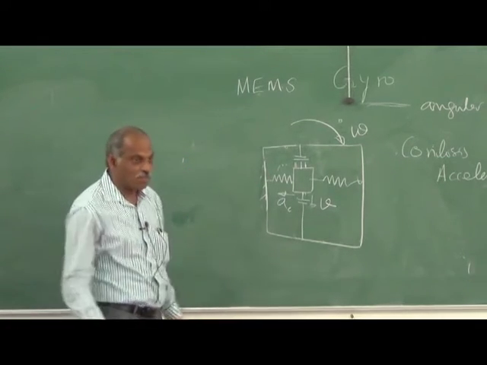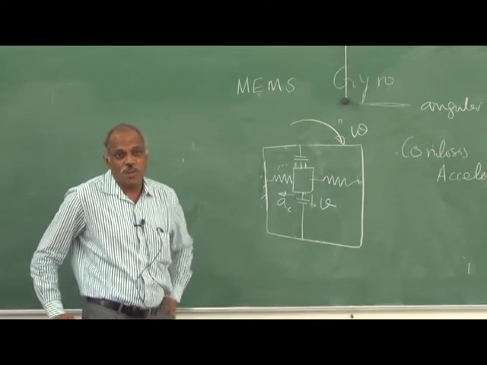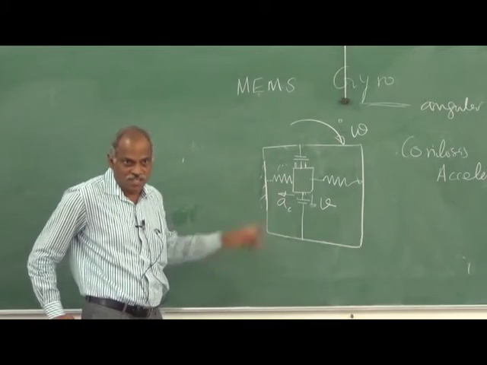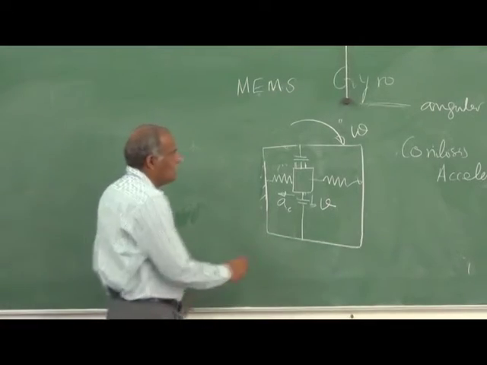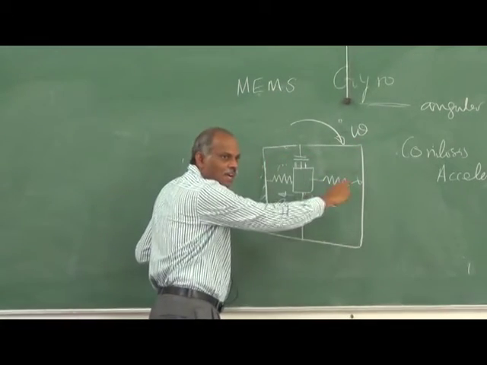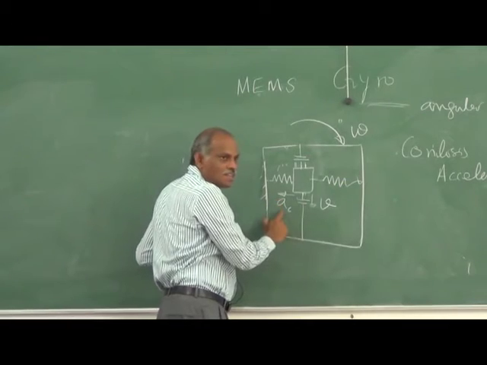So this is the principle. But there is one fundamental problem with this kind of arrangement. Suppose it is subjected to only angular velocity, fine, this is related to that.